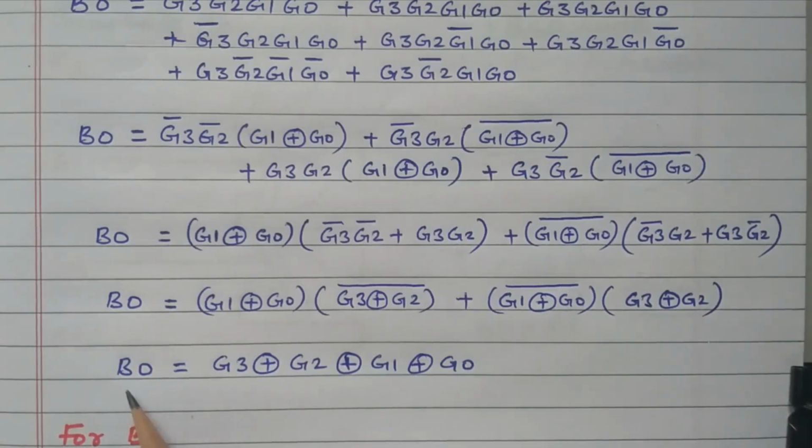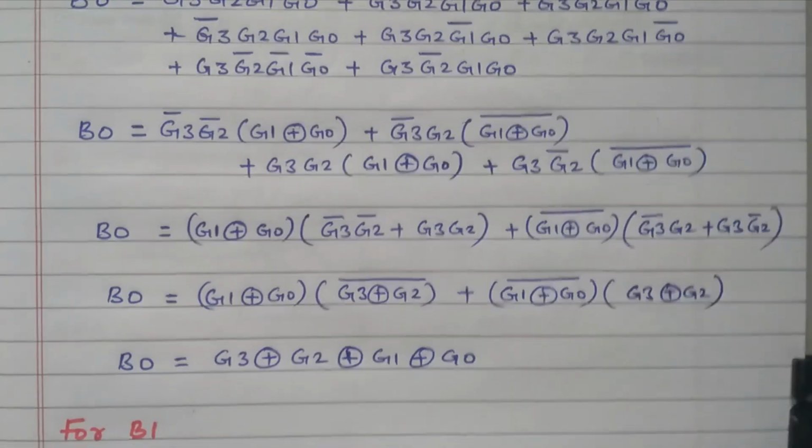So finally, we got an exclusive OR gate with 4 inputs G0, G1, G2, G3 that will give the term B0. This is the gray code, this is the BCD code. After simplifying the expression, we got a simplified way. We need only a XOR gate with 4 inputs, so that we get B0.